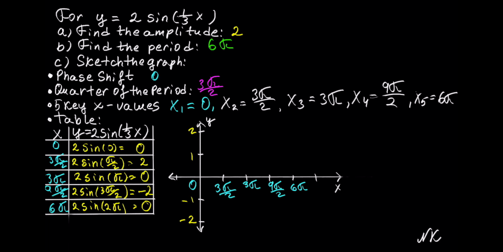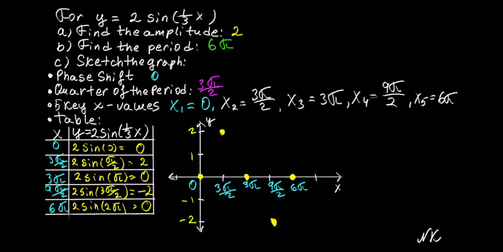So when x was 0, we had 0 for y. When x is equal to 3 pi over 2, y is equal to 2. When x is equal to 3 pi, we have 0. When x is equal to 9 pi over 2, we have negative 2. And when x is equal to 6 pi, we have 0 again.